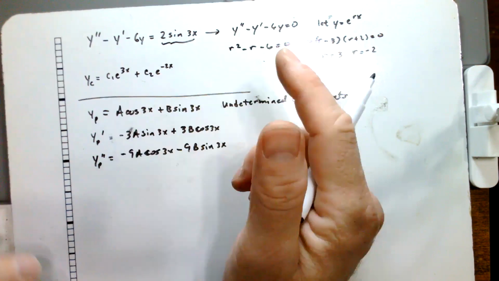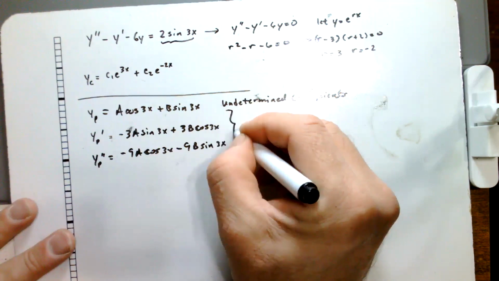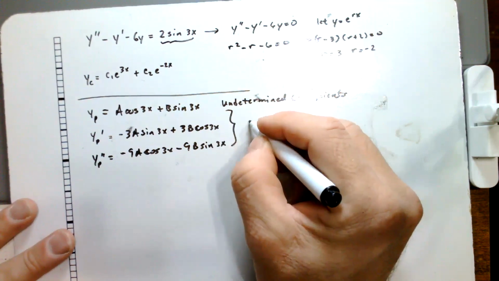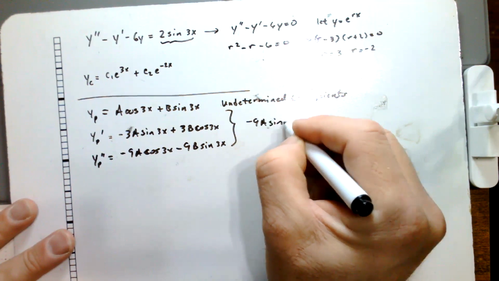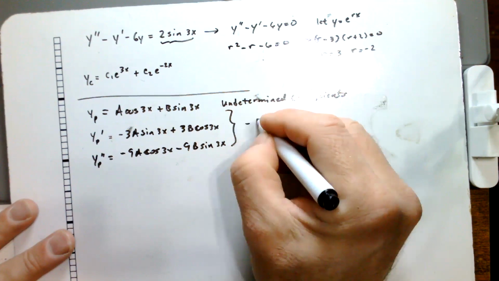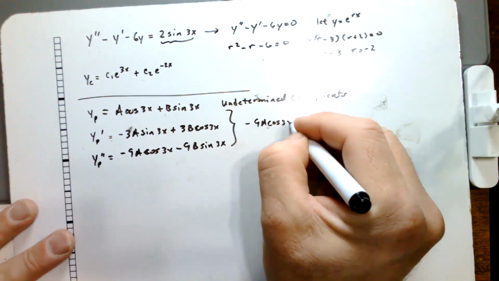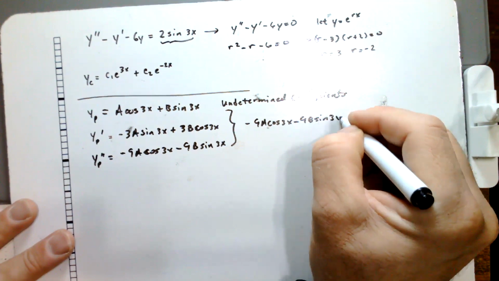This is where we're going to evaluate our undetermined coefficients. So plugging these 3 back in, we have negative 9a cosine 3x minus 9b sine 3x.